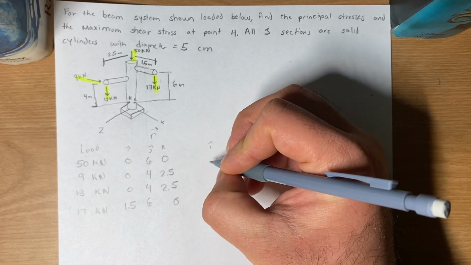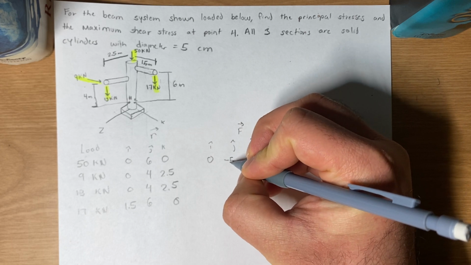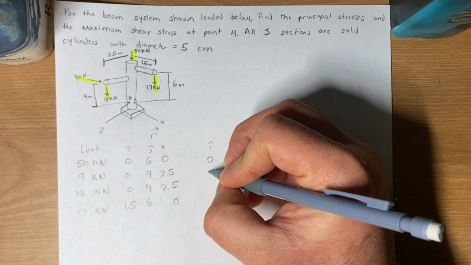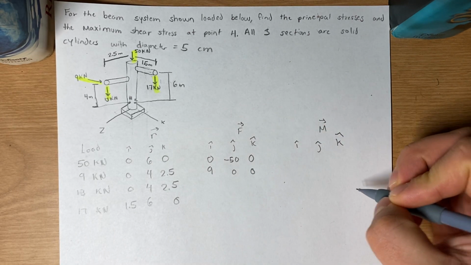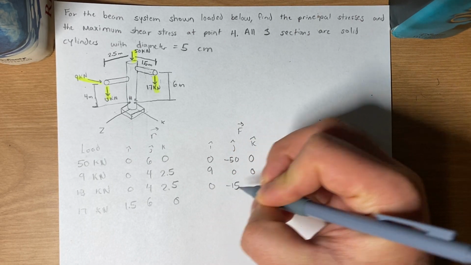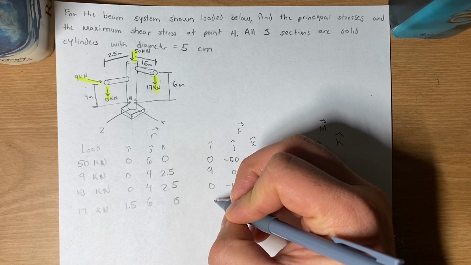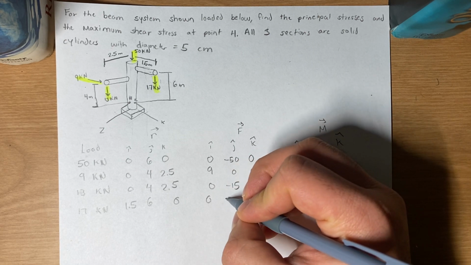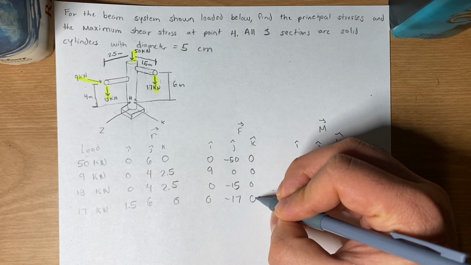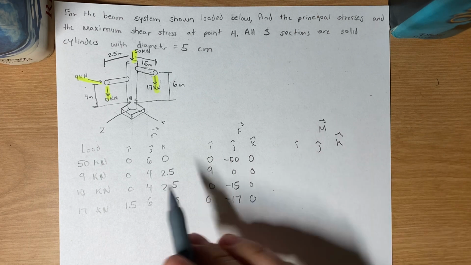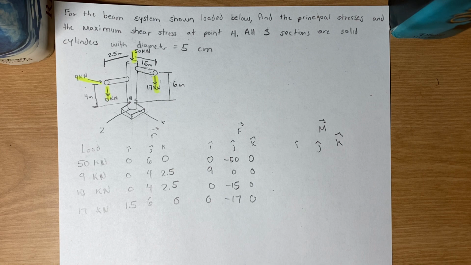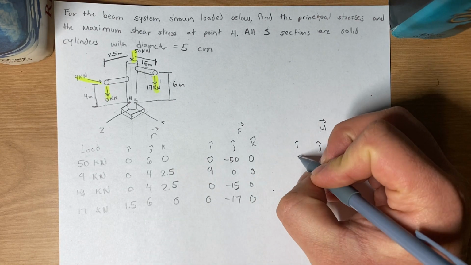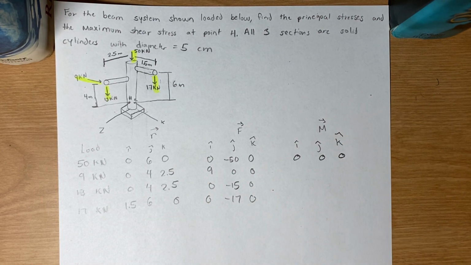For our F, it's just all these values, but we have to pay attention to the rotation. It's going down, so it's 50, 0. Then we have 9, positive 9, 0, 0, 0, negative 15, 0. And then for 17 it's 0, negative 17, 0. For our moment, it's just the cross product between these two. For the 50 kilonewton we get 0, 0, 0.